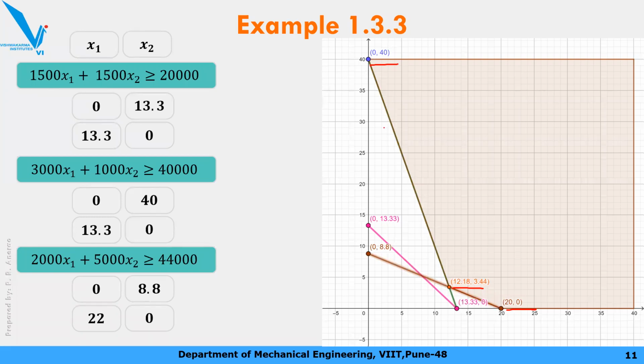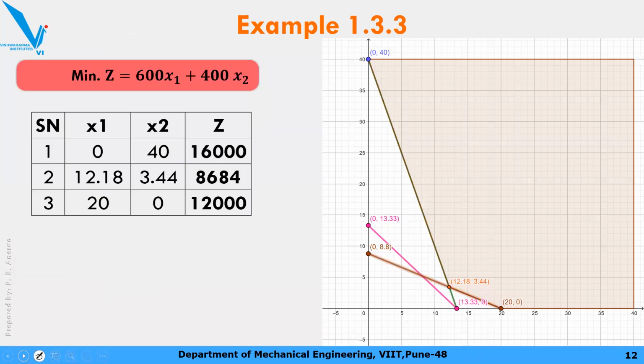We will check the Z value for all these three corner points. First one, 0,40, we got Z 1600. Second gives 8684, and third one gives 12,000.